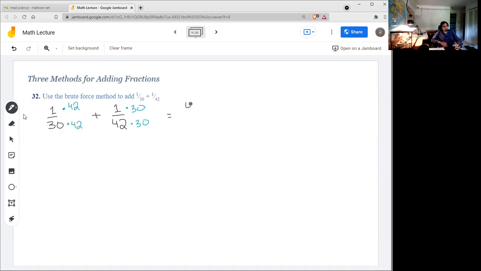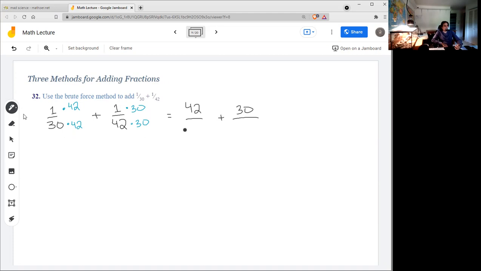And now I get 42 over something and 30 over something, and I'm starting to slow down. I'm paying the price for not having to do any thinking earlier. So first I need to figure out what is 42 times 30. Well, 4 30s is 120. 2 more 30s is going to be 60.